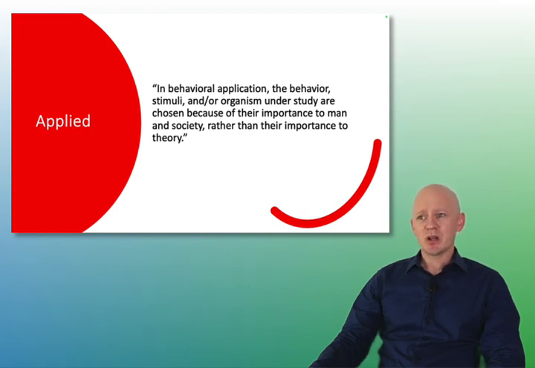The primary question in applied research evaluation is how immediately important is the behavior or these stimuli to this participant, and that's something important to consider within practice. How important is what you're doing currently, how immediately important is it to the behavior of the person or the client with whom you're working?